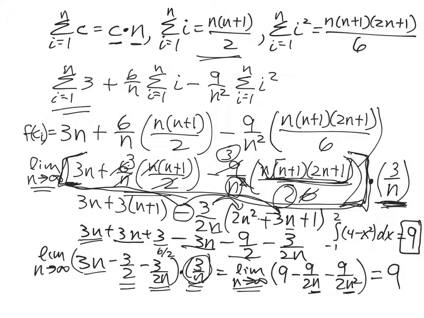Now we're going to be looking at what that value of 9 can represent, but technically this is the operation, the mathematical operation of the definite integral. And also, thankfully, we'll be able to find some shortcuts in doing this, but this is finding the value of this definite integral using the definition of the definite integral.